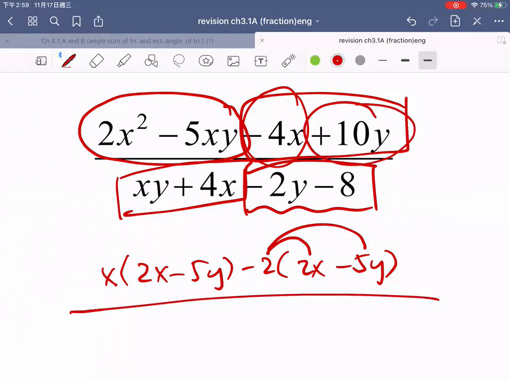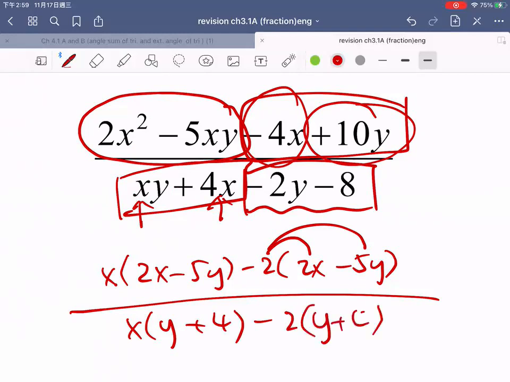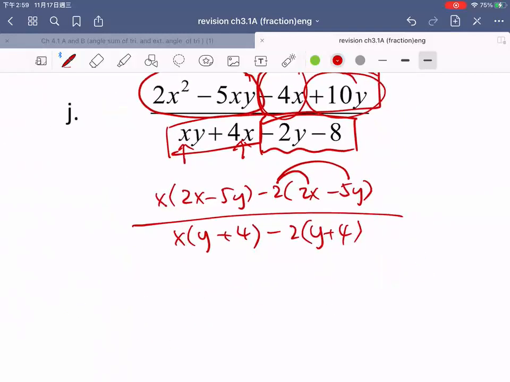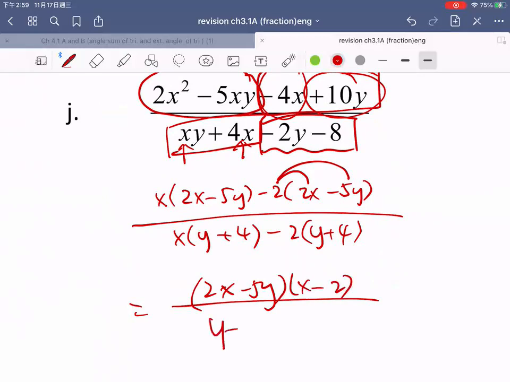One common factor x. Now common factor 2, y plus 4. And 2x minus 5y, x minus 2, and y plus 4, x minus 2.